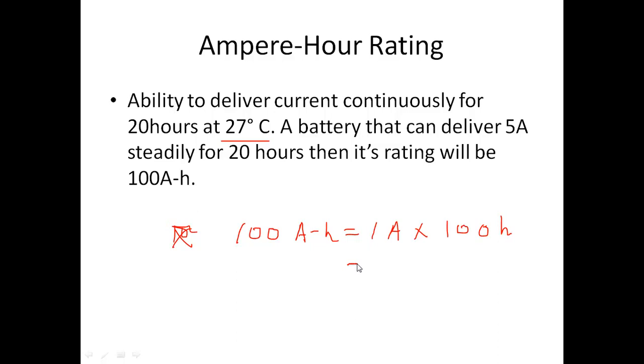And if we draw 2 ampere, remember that the ampere and the hour rating should be equal to 100 ampere hour, so it will last for 50 hours. So this is the ampere hour rating for a battery.